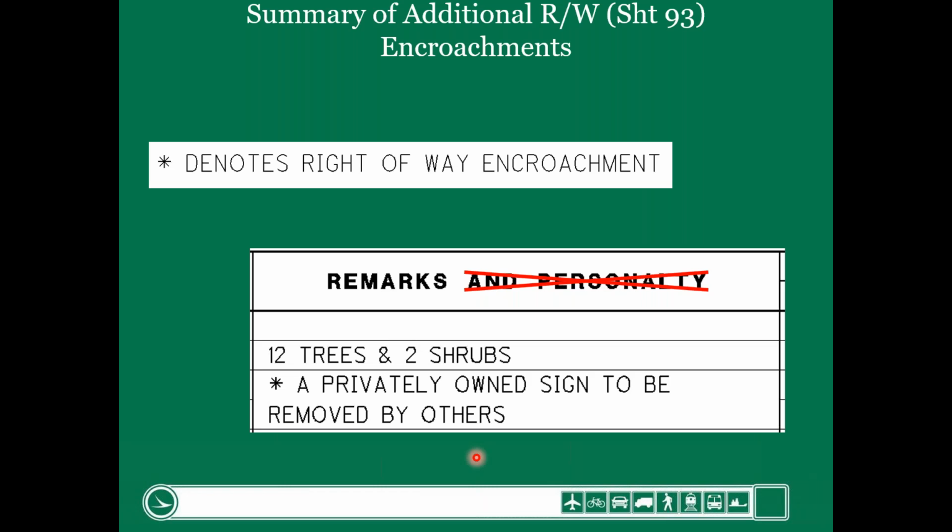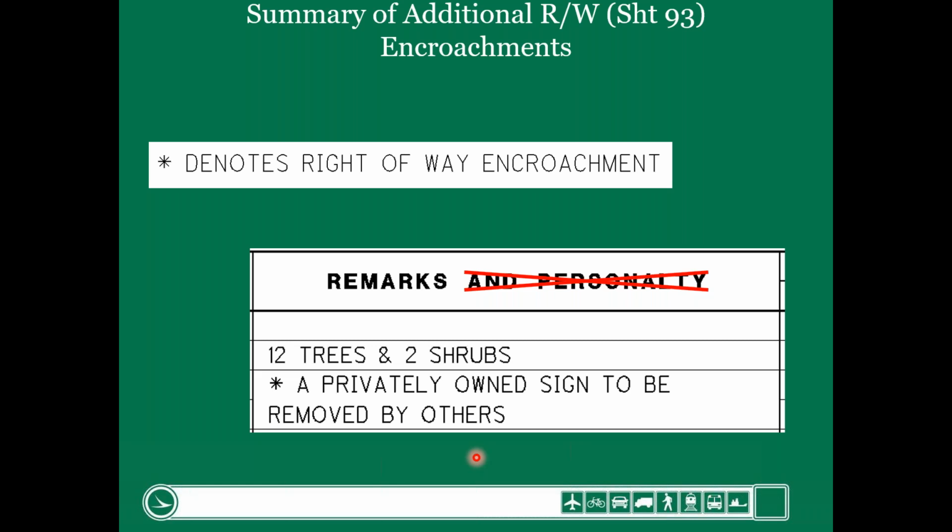The next column used to be called the remarks and the personality column. It is now just called the remarks column. Years ago, before I ever got involved, the designer was supposed to identify personality items, which, if you really understand acquisition and the appraisal process, the designer does not have the expertise to identify.